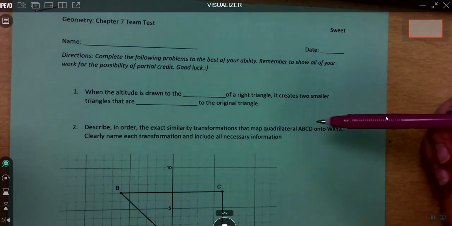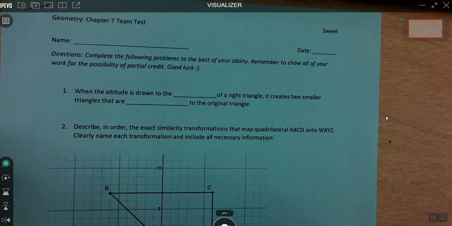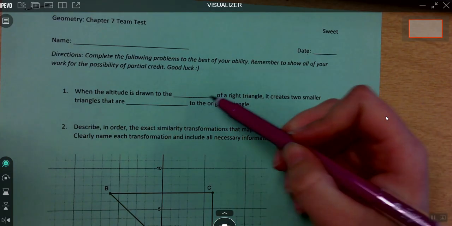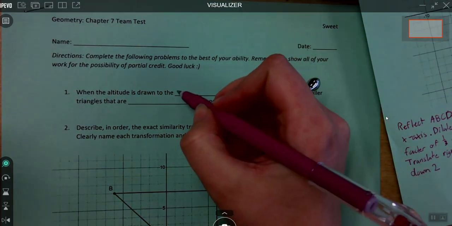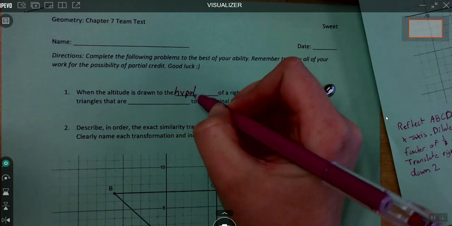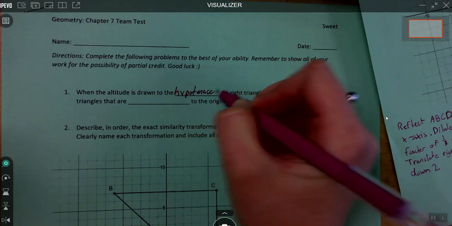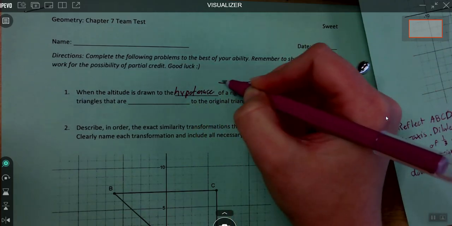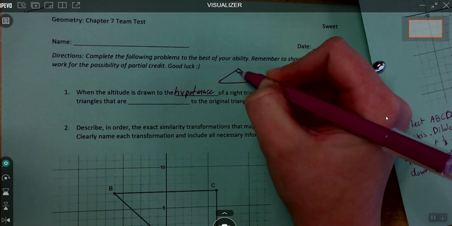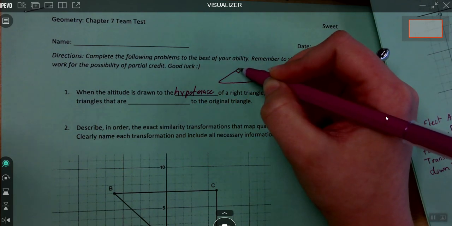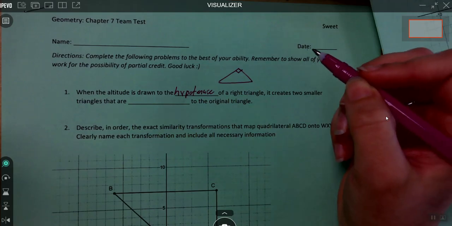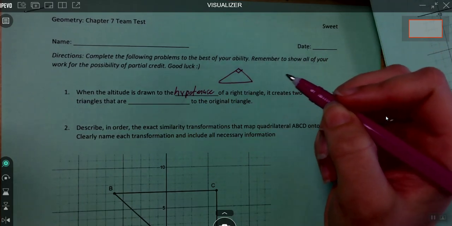Liam, can you read me the top for me? What is my first blank? Hypotenuse. Okay, we're talking about a right triangle. So this is my right triangle, 90-degree angle. Altitude is what to the hypotenuse? When I draw my altitude to my hypotenuse, what angle do I create?